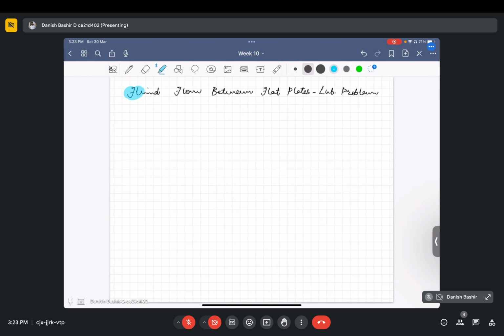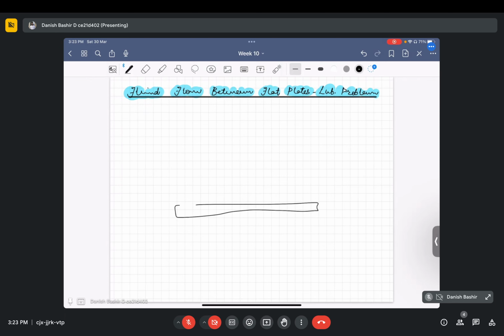We have lubrication. For example, consider this one plate.